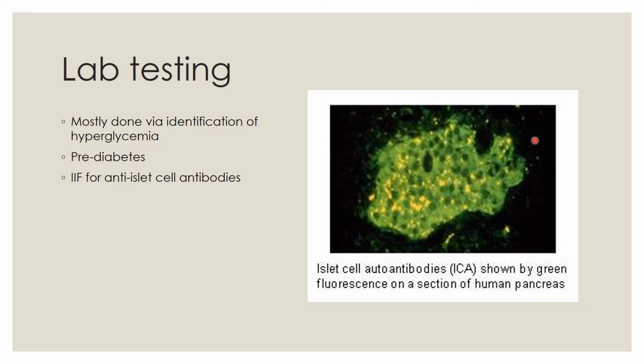So this is a donated section of human pancreas on a slide, and then we let our patient's serum interact with this, and if they have antibodies, they'll bind, and then you do your conjugate, and so you end up being able to test for this. This is still not the common way to do it. It is possible, but I don't think even insurance companies are paying for it yet. They're just using the pre-diabetes screening.